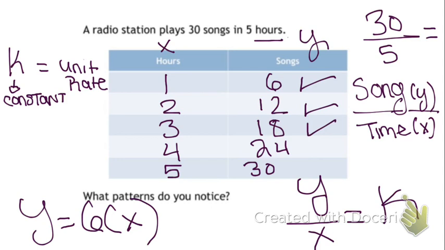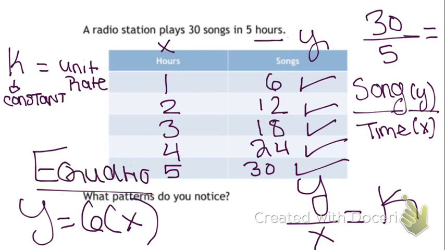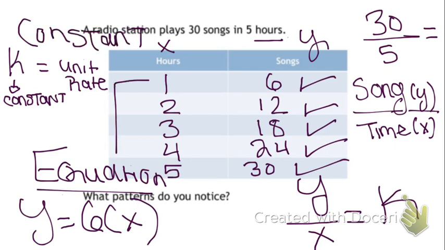If I had 4 hours, that's 6 times 4, which is 24. And if I had 5 hours, that's 6 times 5, which is 30. So right here, we created an equation. We identified the constant by finding our unit rate, and we created a table, all given this one scenario, which is what you're being asked to do in today's lesson.